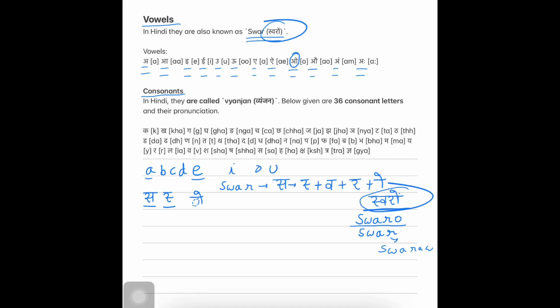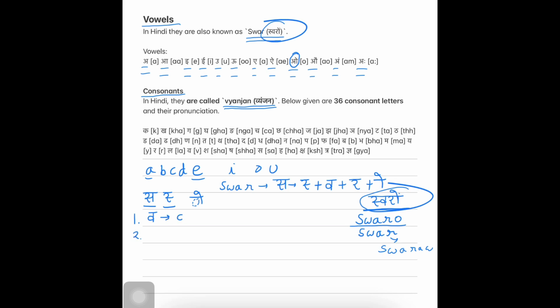In Hindi, consonants are called Vyanjan. So the consonants in Hindi are called Vyanjan. Now, how to write Vyanjan? First step, the consonant va, not in its complete form, but in its half form.